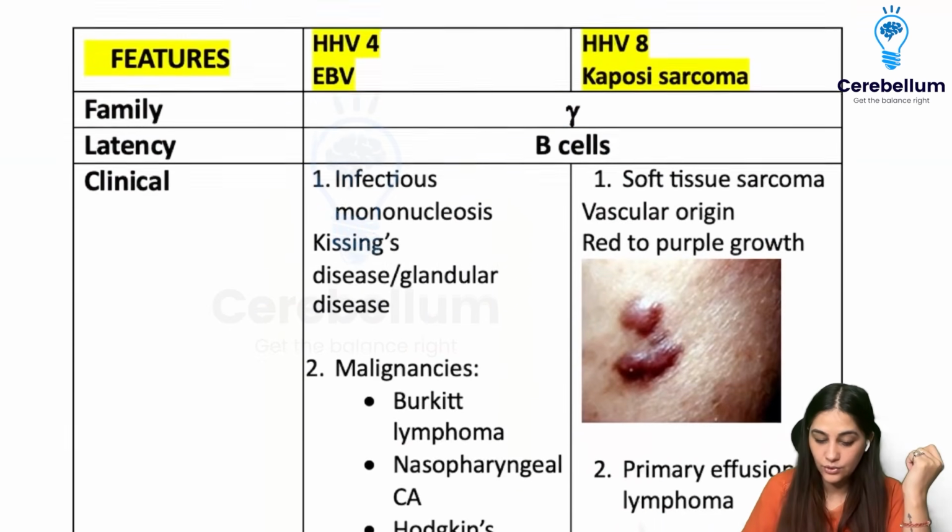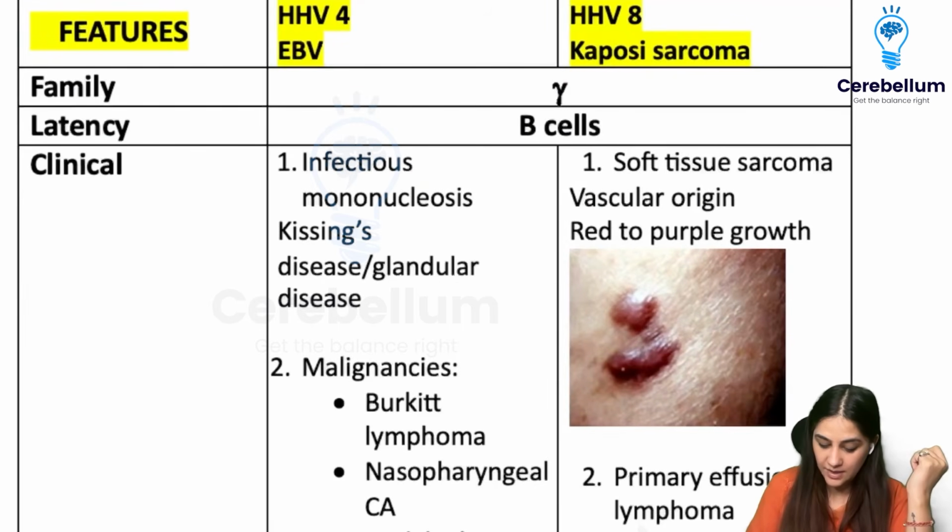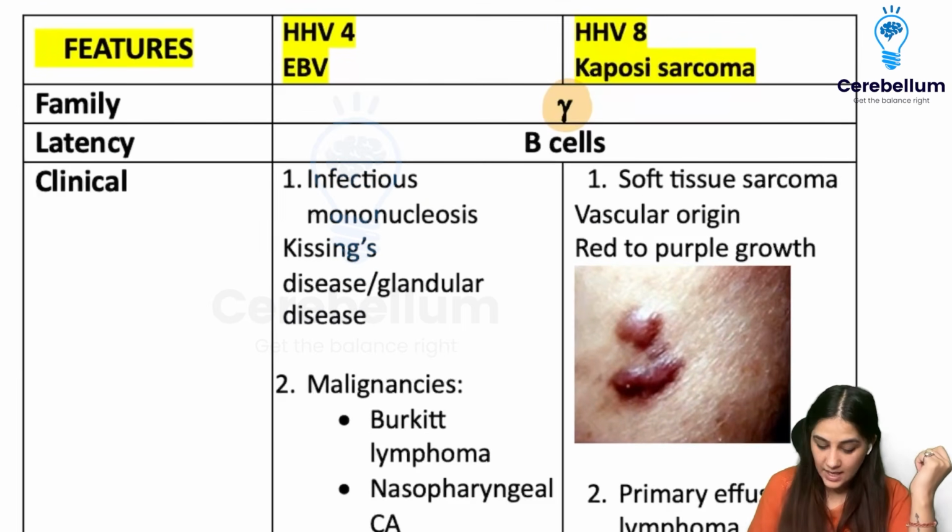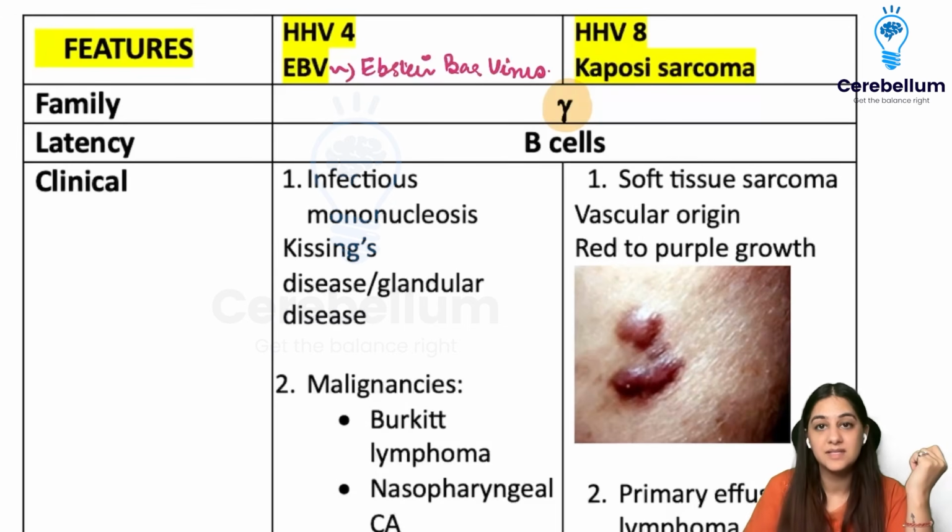Now coming to your gamma family, remember I told you 4 and 8 are together, so they are the gamma family. And 4 is the Epstein-Barr virus, and HHV8 is called the Kaposi sarcoma.